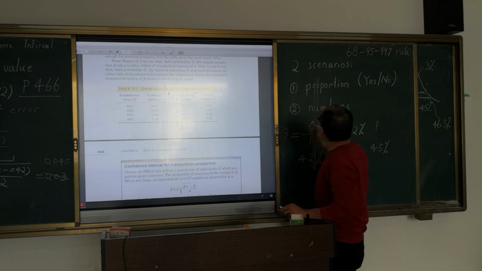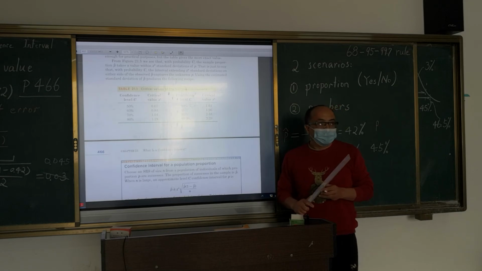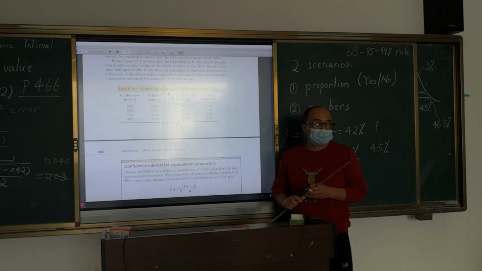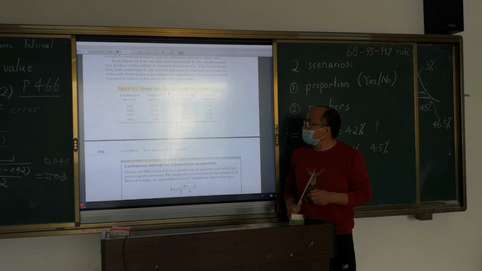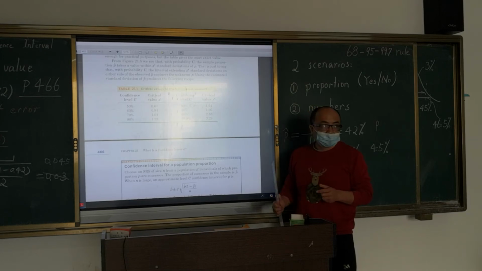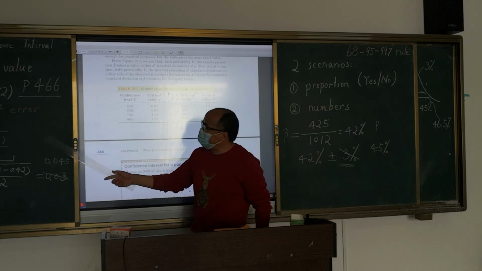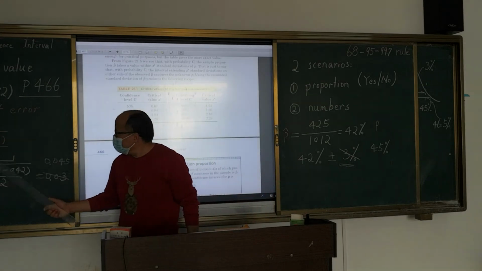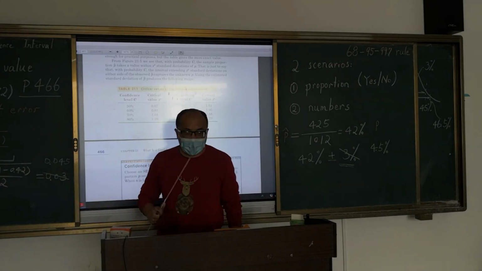Only this one, 95%, we keep saying 2. But the real value is 1.96. This is correct. And for like here, the book uses 2 because it matches the answer on the back.